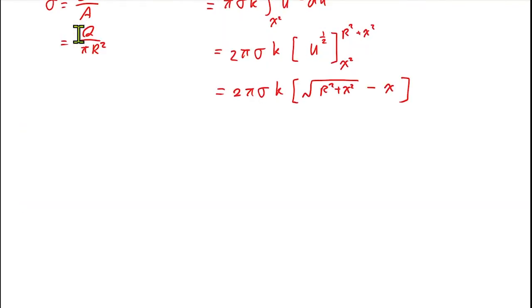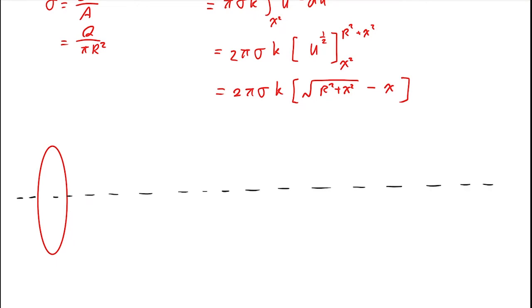Okay, so now say we have a disk like this, and then we are going to put axis at the center all the way to infinity, and this point right here is when r is equal to x, and then this is infinity.